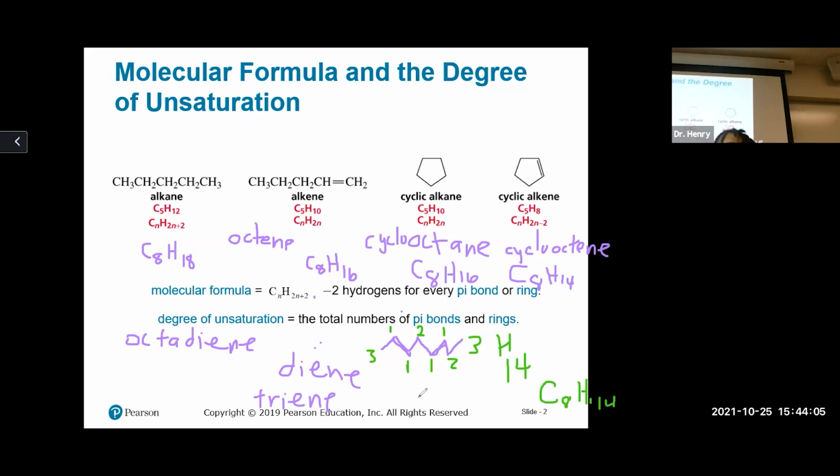So if we calculate the total number of pi bonds, there are 2 pi bonds here, so our degree of saturation will be 2 in this case. In a ring structure, if we had a ring, we'd have 1 because there's only 1 ring.